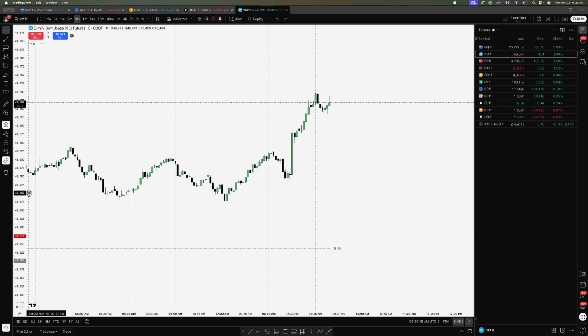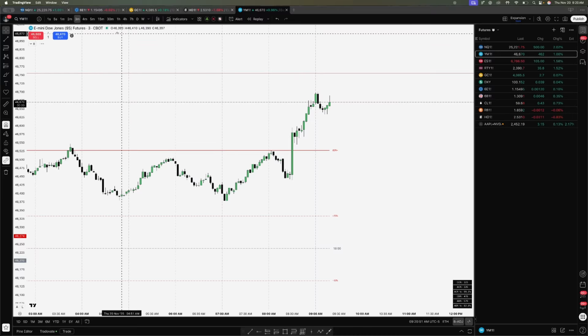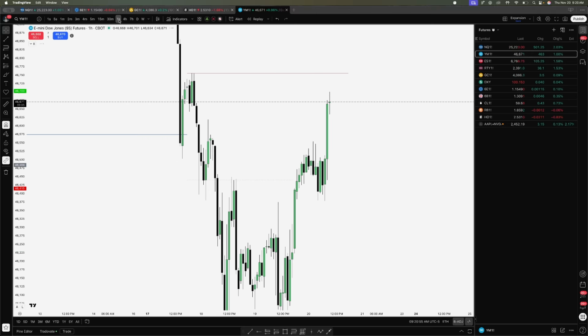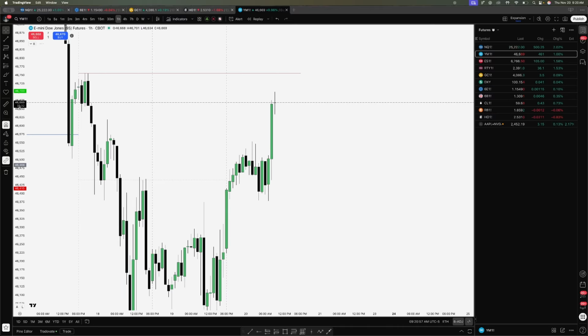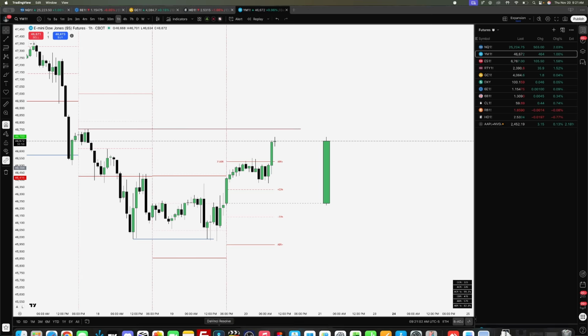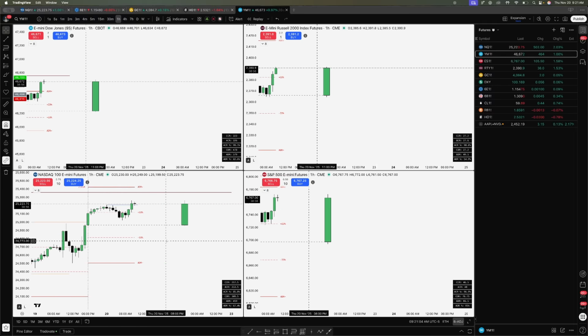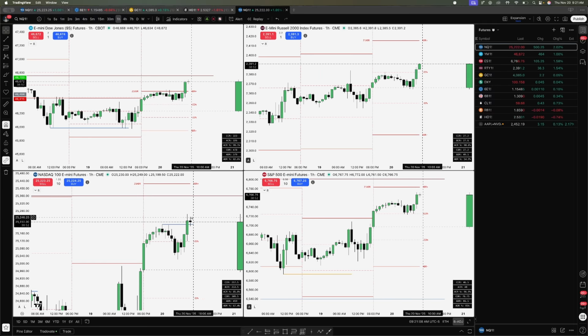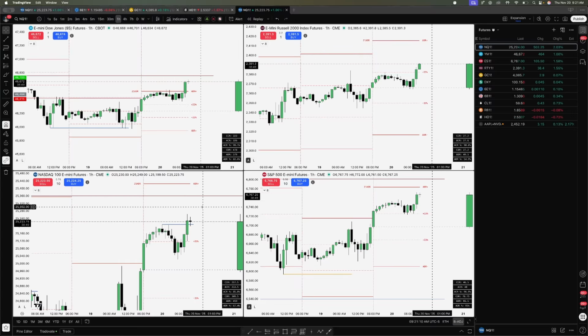YM's trying to put in the continuation here. Not really looking like it. Yeah, see. I really do think we're going to get these highs right here, and I would like to see a bit of a retracement. If we can put in a retracement here and put in a new swing point.